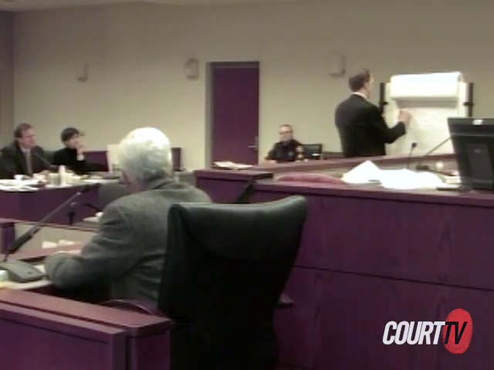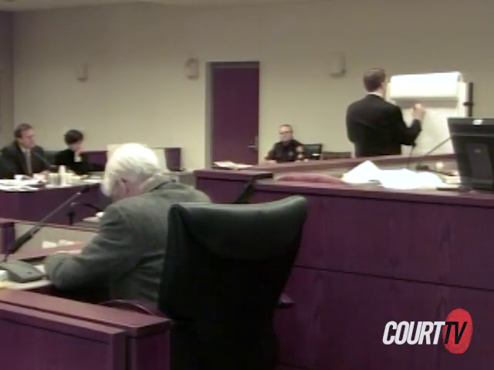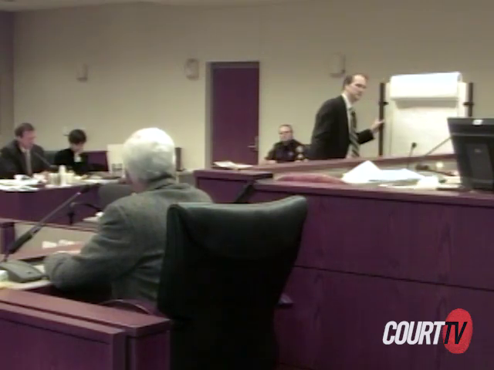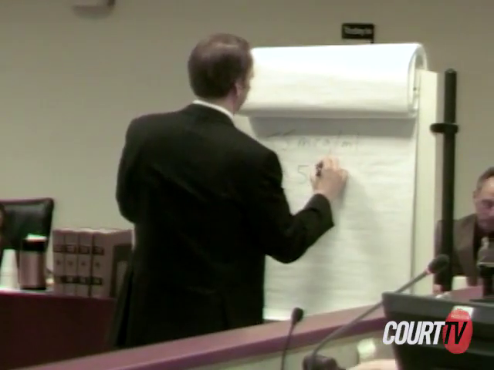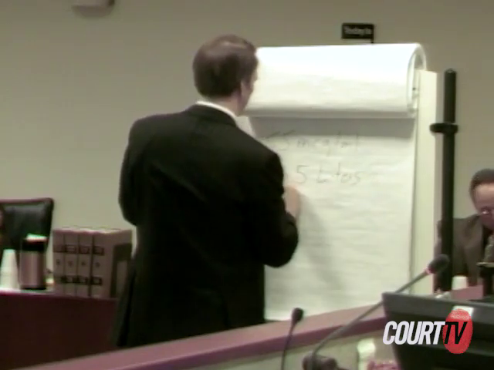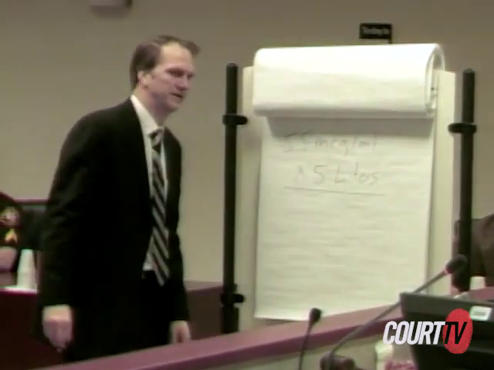Dr. Long, there's 55 micrograms per milliliter in the blood, correct? Yes, sir. How many liters of blood in the body? About 5 liters. When I multiply that by 5 liters, what's the total amount of ethylene glycol in the blood?